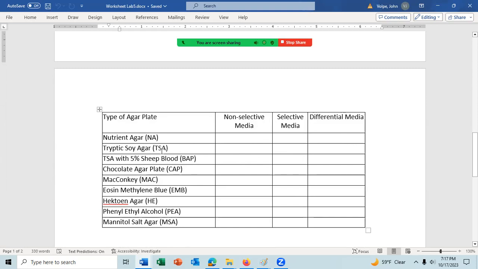Okay, so do that for nutrient agar, tryptic soy agar, blood agar, which is BAP, chocolate agar, which is CAP, MacConkey's agar, or MAC, EMB, or eosin methylene blue, Hektoen agar, or HE, phenylethyl alcohol, or PEA, or mannitol salt agar, or MSA.